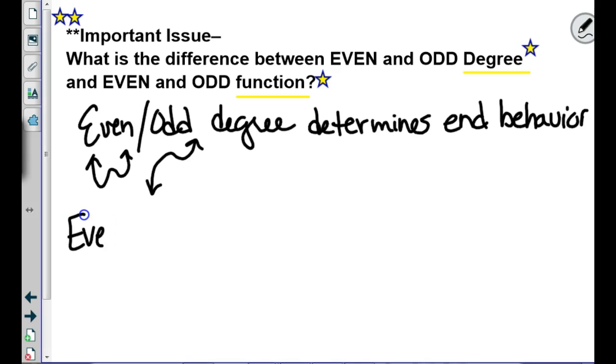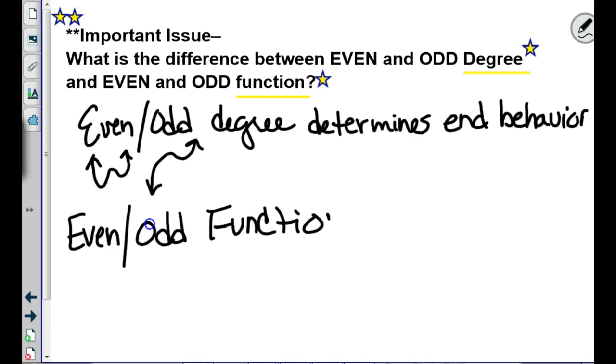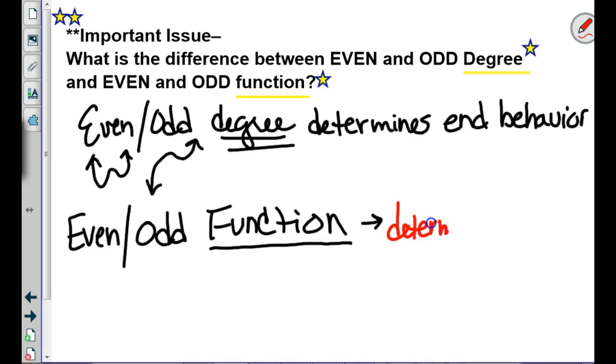Even and odd function, okay, what was that tied to? We're supposed to know this, guys. What does it mean if a function is even? Symmetry, yeah. Even or odd function is related to symmetry.